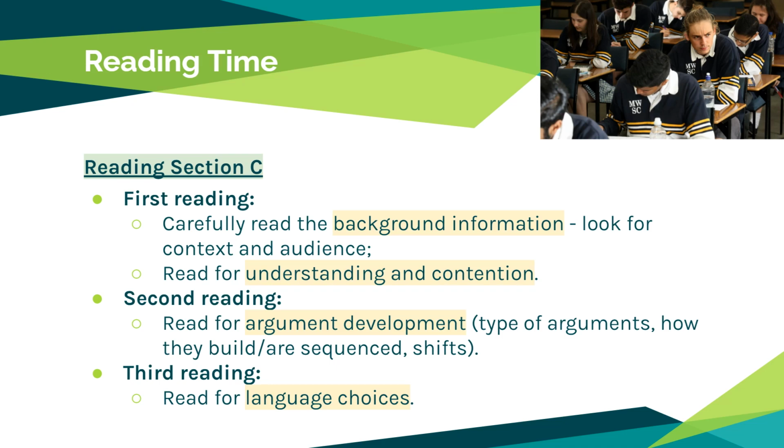The second time you read the Section C texts, you want to focus on trying to pick up on how the argument develops. Notice this task is called analyzing argument and language, so you need to be conscious of how an argument develops. You want to be looking at the types of arguments that are offered in the text.